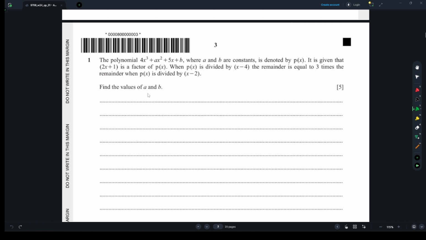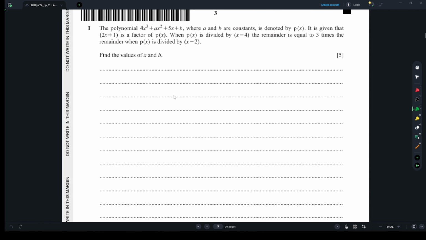Initially they gave us that 2x plus 1 is a factor. So let's try to find out. We can write p(x), which is 4x cubed plus ax squared plus 5x plus b.